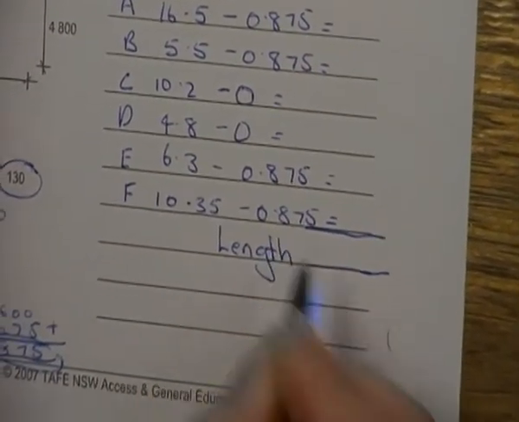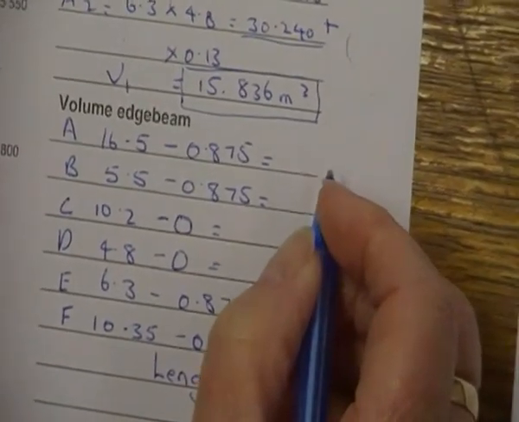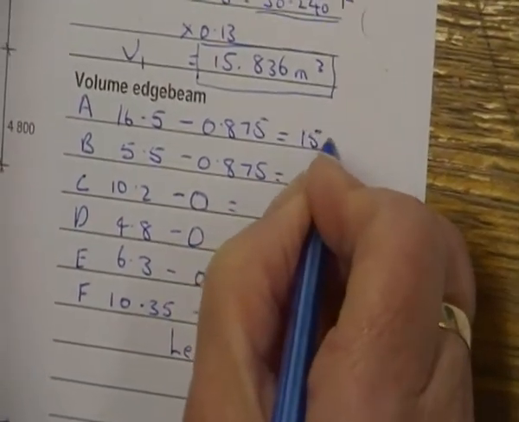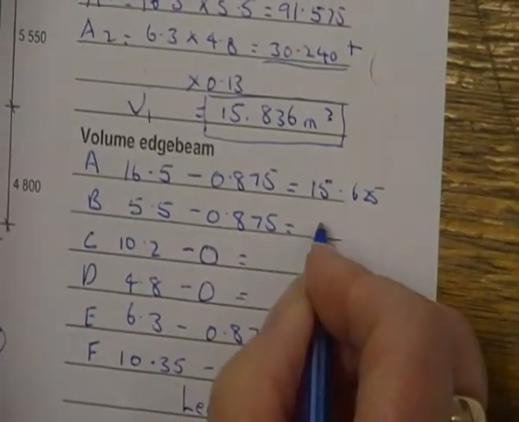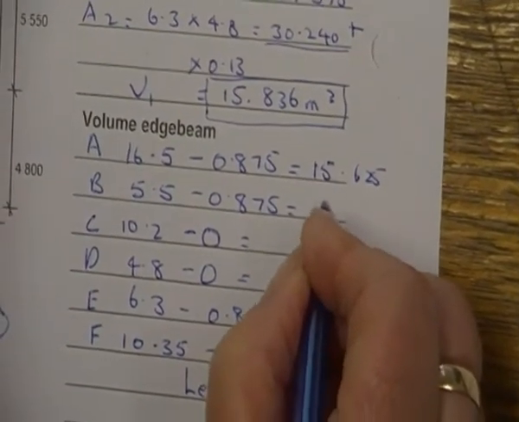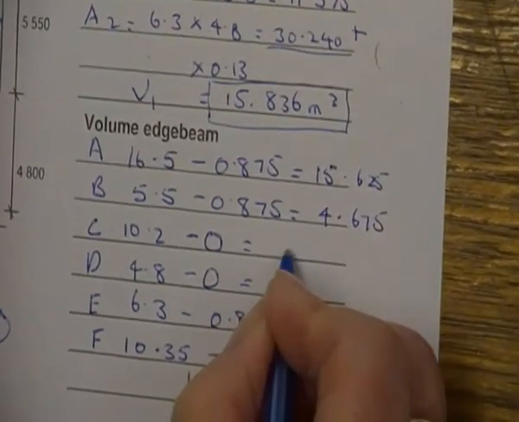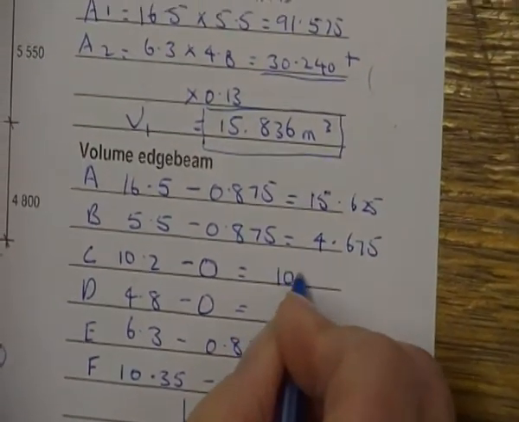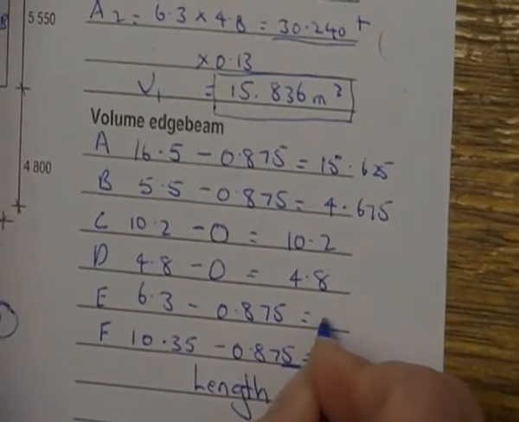When I'm doing this, I'm looking at 15.625. 5.5 minus 0.875 is going to give me 4.675. 10.2 minus 0 is 10.2. 4.8 minus 0, 4.8. Nice and easy.